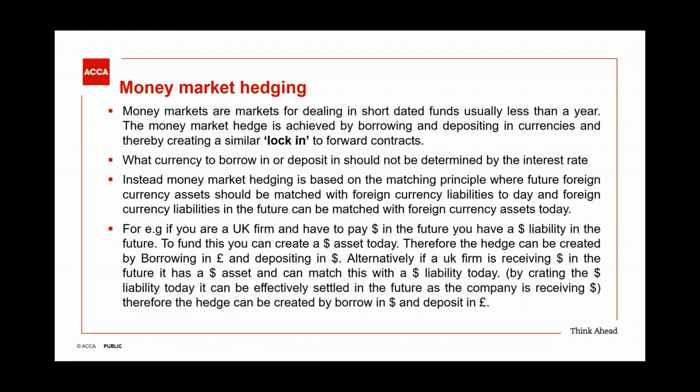If you're creating a dollar asset, you need to deposit in dollars but borrow in sterling. But if it's the other way around, for example, if an American customer is going to pay you in dollars in 3 months time, you have a dollar asset in the future, so you can create a dollar liability today, which means borrowing in dollars and depositing in pounds.